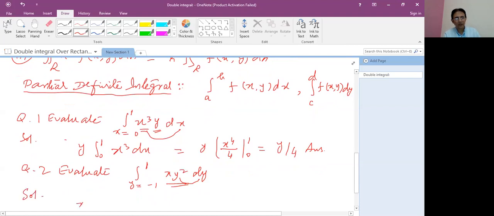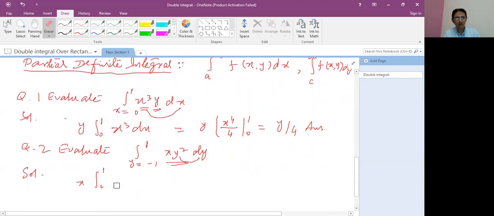So we write x before the integral, x times the integral from minus 1 to 1 of y square dy, because x is kept fixed and written outside the integral, and integrate: y cube over 3. Then we apply the limit.